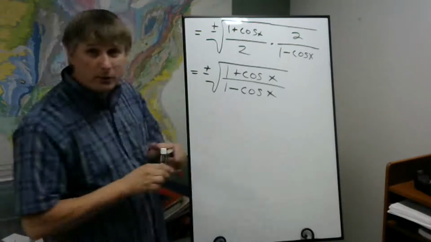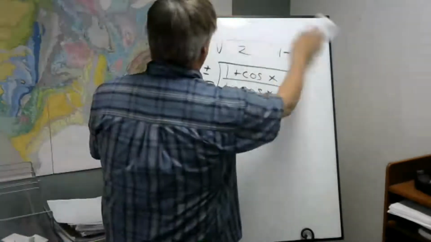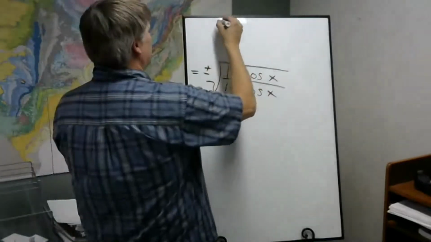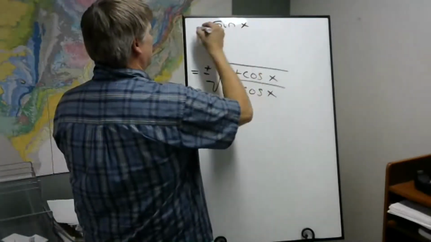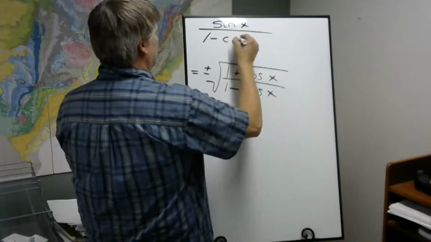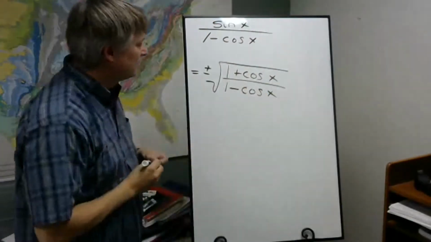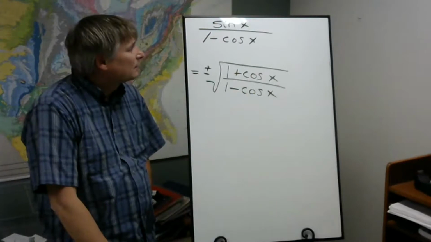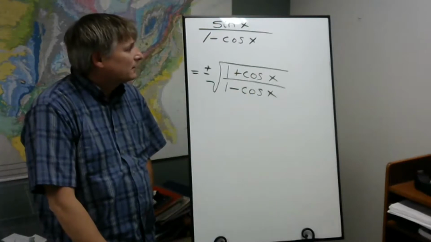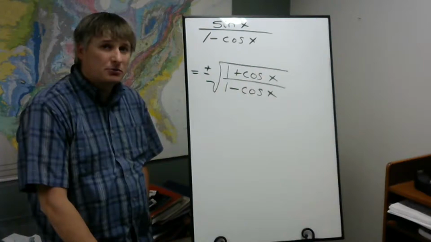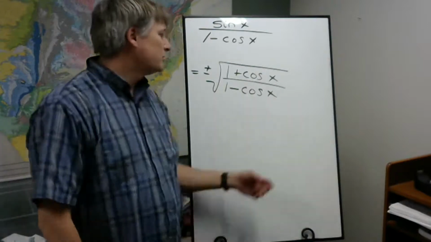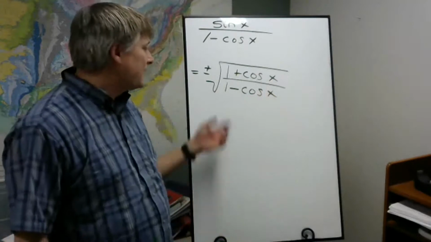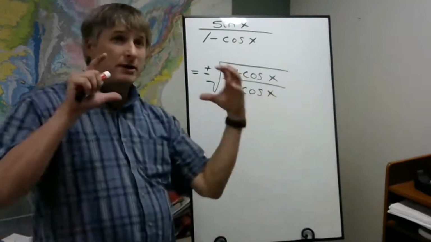Now if we recall where we're going, we definitely don't have a square root. So one thing we could do is this. We could take 1 minus cosine x and multiply bottom and top by 1 minus cosine x. That'll give us 1 minus cosine x quantity squared.